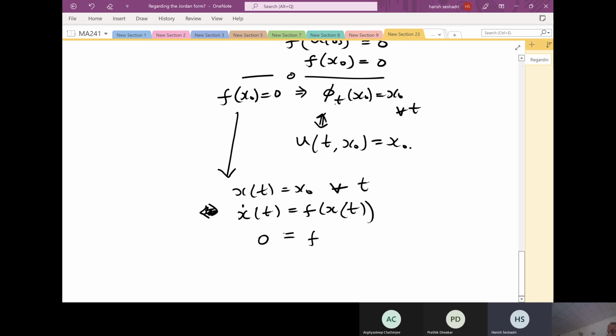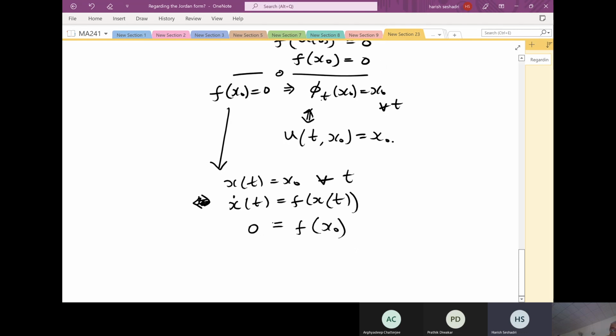And x of t, again from the way we have defined it, is x naught for all t. So this is f of x naught. The fact that this is a solution is a restatement of the fact that f of x naught is 0. Therefore, by uniqueness, this is the only solution, and phi_t x naught is equal to x naught.